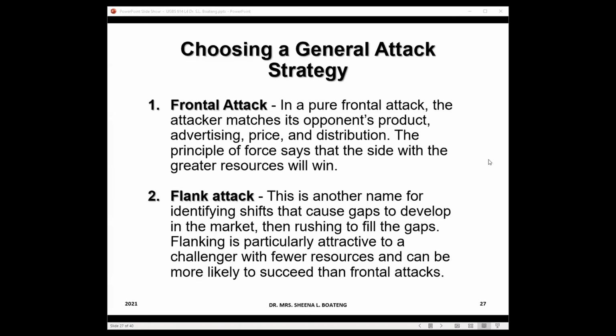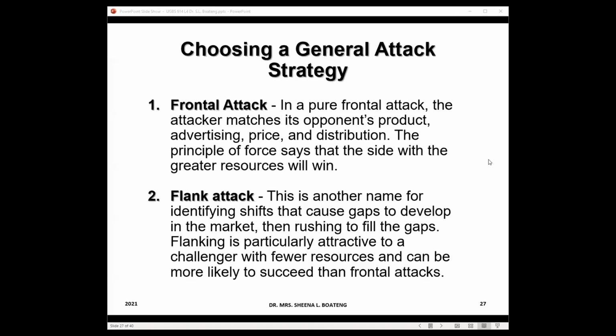And the key word here is resources. So for a challenger who is deciding to use a frontal attack, they have to ensure that they have the commensurate resources to enable them to effectively use that line of attack. Otherwise, they would be swallowed up by their opponent, who, if in this case is the market leader, would automatically have a larger amount of resources at their disposal.